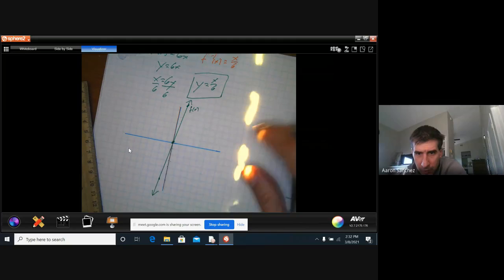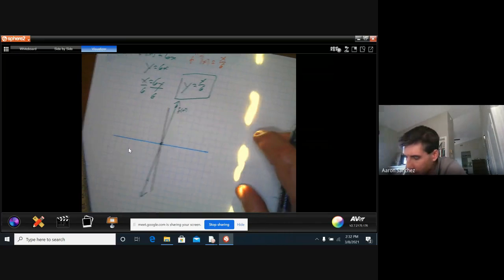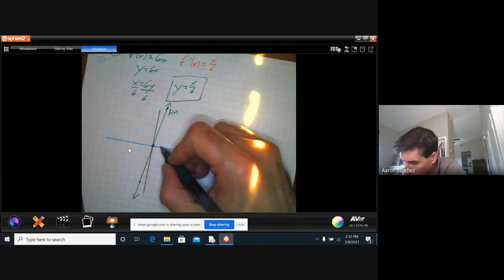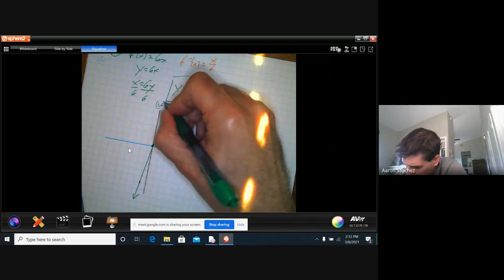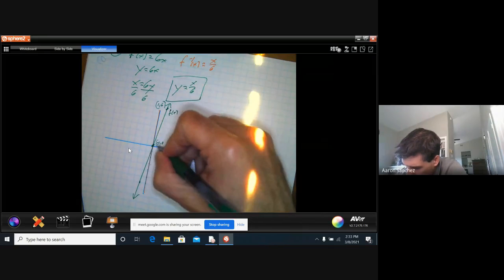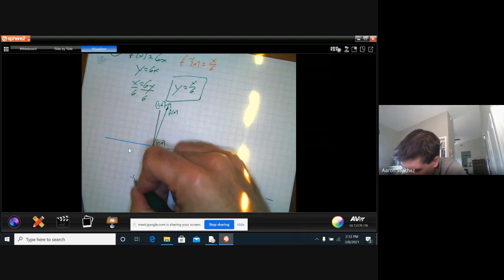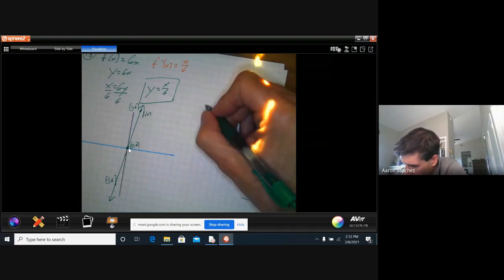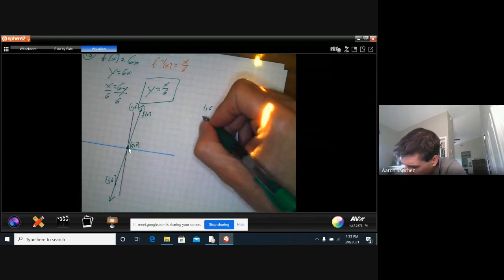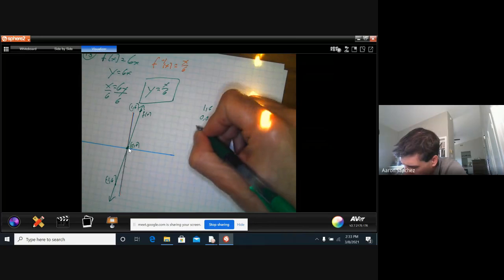To graph the inverse, all you have to do is figure out the points. This is 1, 6. This is 0, 0. This is negative 1, negative 6. So my points are 1, 6, 0, 0, and negative 1, negative 6.